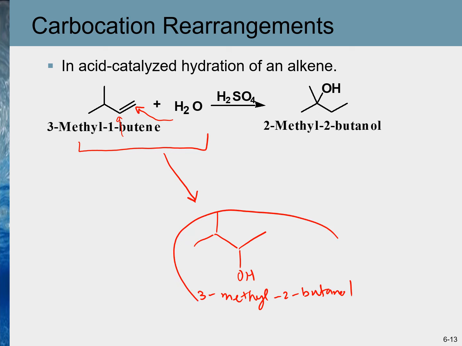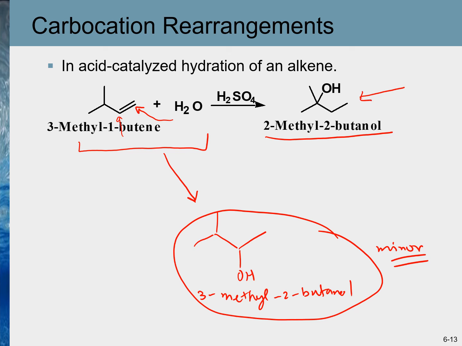However, this formation is not observed, or even if it's observed, it is the minor product. The major product is 2-methyl-2-butanol, in which OH is added to a carbon atom which was not even part of the carbon-carbon double bond. So let's now take a look at the reaction mechanism, and then we will be able to understand why a rearrangement takes place.